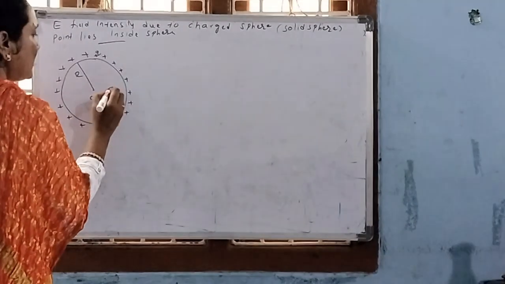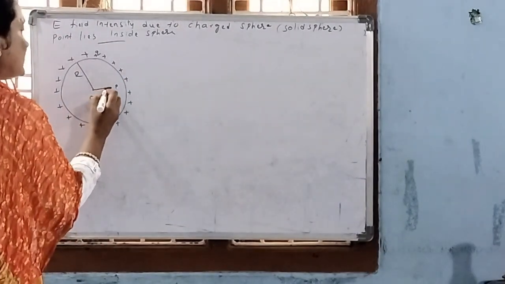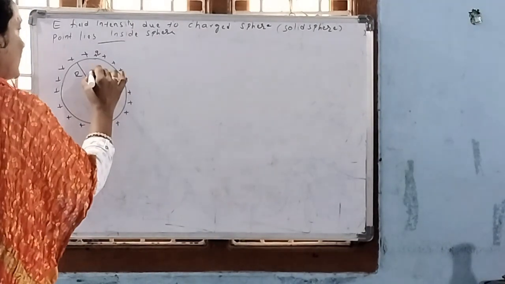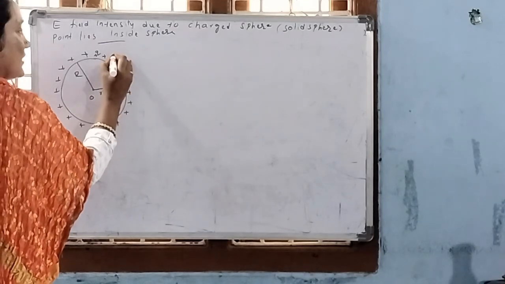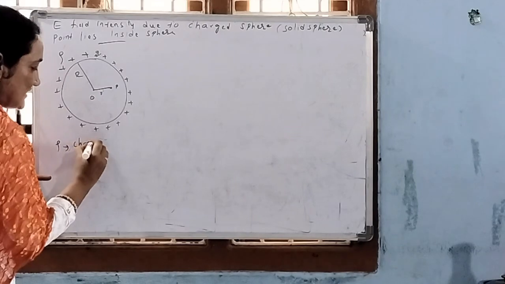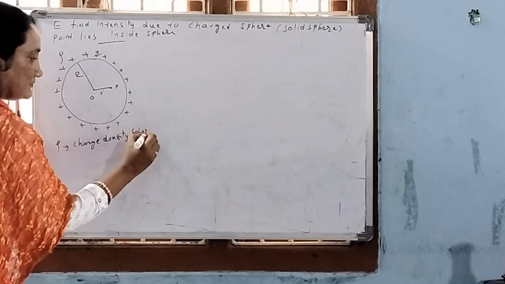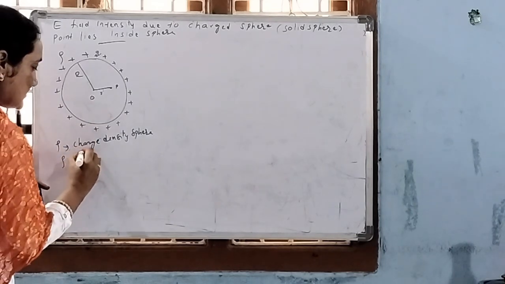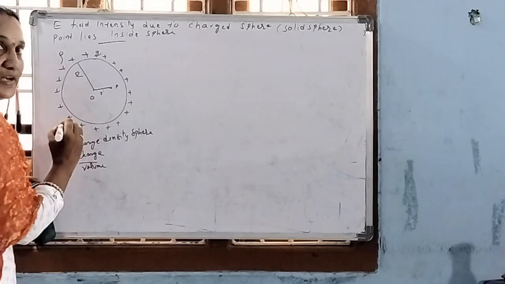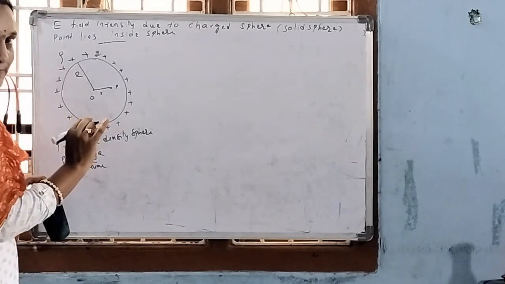Now inside somewhere here, I took point P. Now this point P is at a distance some r dash from the center of the sphere. Now as usual, let rho be the charge density of the sphere. And charge density means charge per unit volume, right? Charge per unit volume.